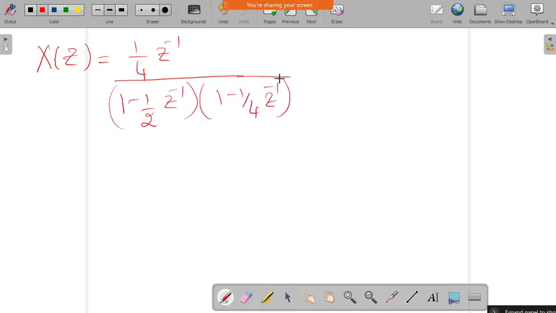Now here the factors are already given, there is no need to factorize again. You only need to do partial fraction. Using the partial fraction expansion method, just find the coefficients and get the inverse z transform. Try to do it.